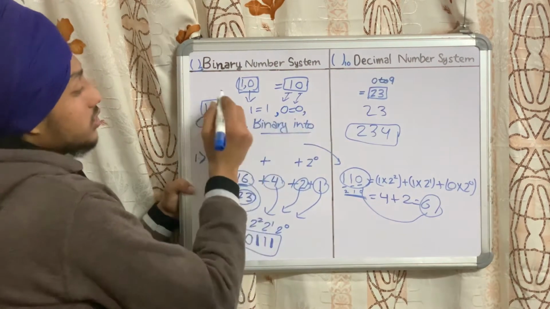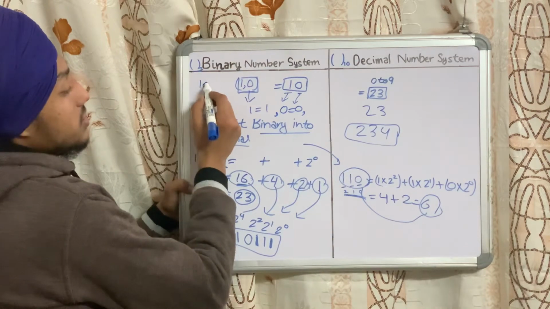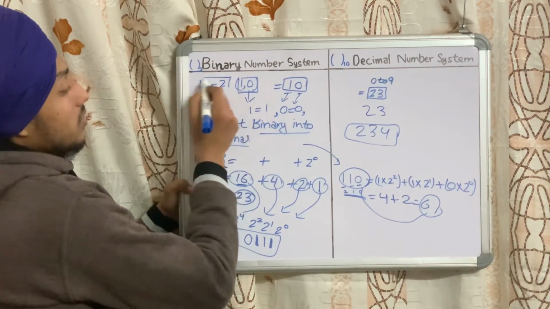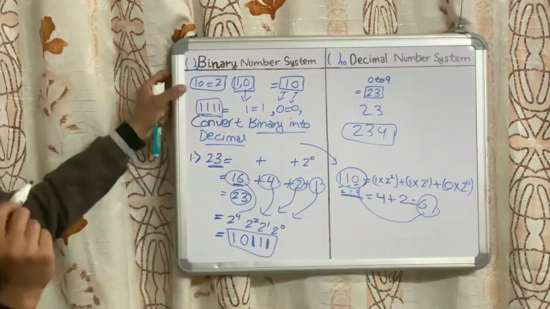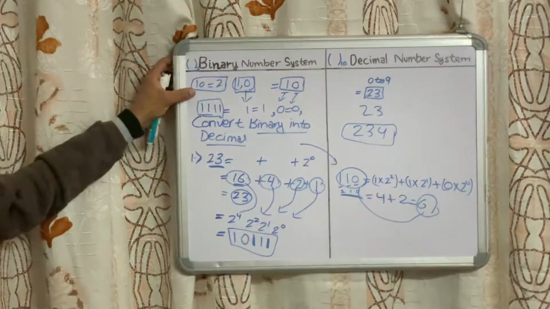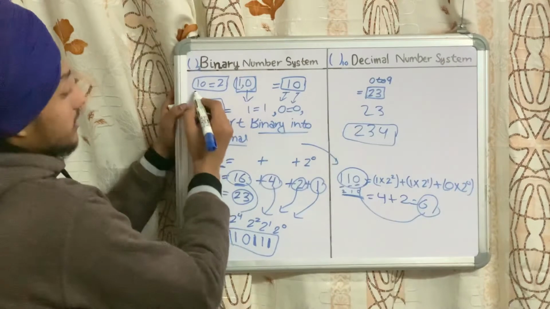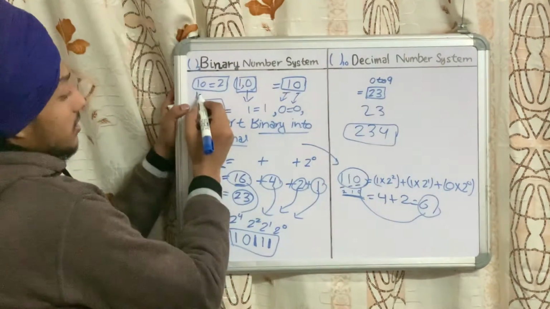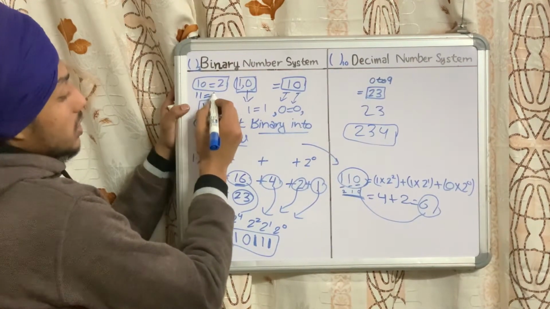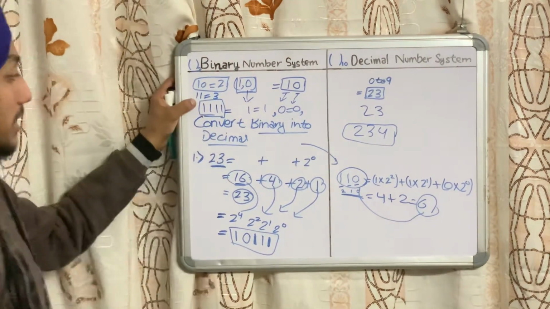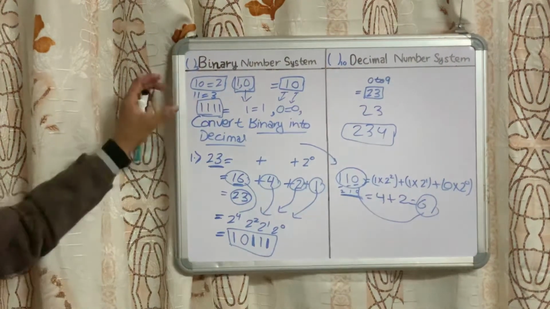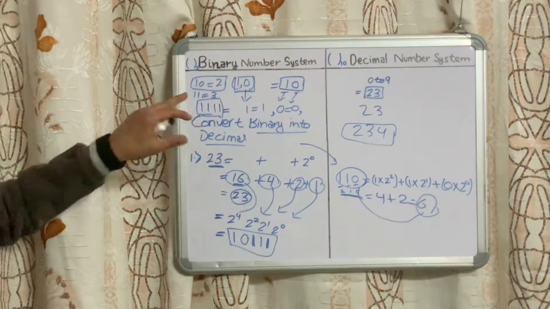And you can also write 2, which is 1 and 0. This is 1 into 2 raised to power 1, which is 2, plus 0. And this is going to be 3: 2 raised to power 1 plus 2 raised to power 0 into 1. So this will not cancel out.